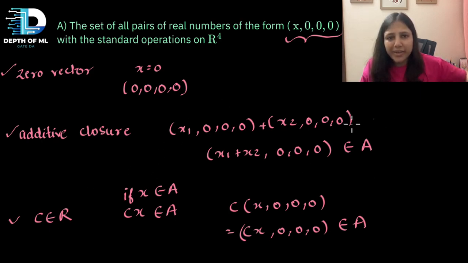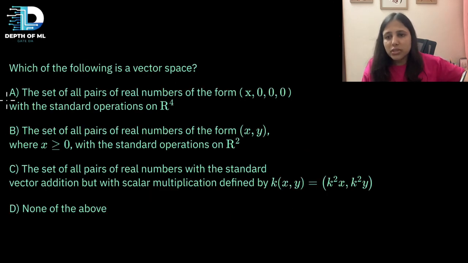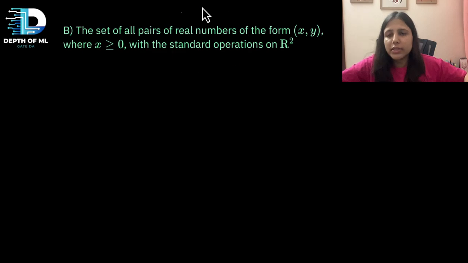Now what is this vector space really? So in R4 this is actually the x axis, right? Because only the x values are changing and the rest, y, z and maybe w, are 0. So this is the x axis, and we know that the x axis has to be a vector space. So this is true.